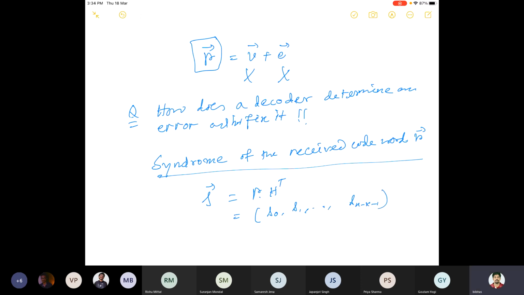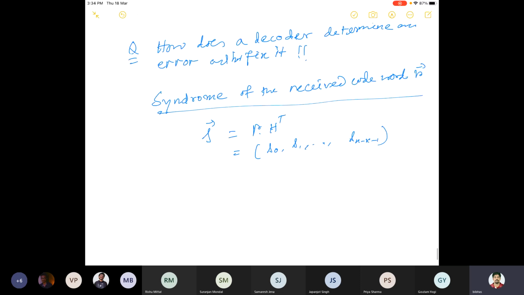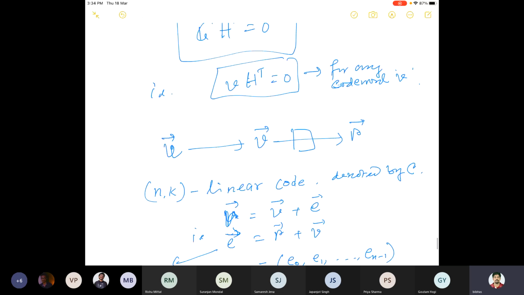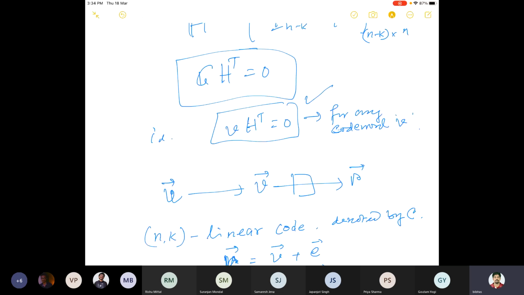Now, once it does that, this S could be either 0 or non-zero. If S is 0, then what will happen? The code word satisfies this condition: if V is the code word, then V times H transpose is always 0.